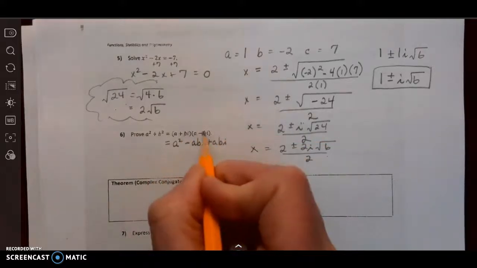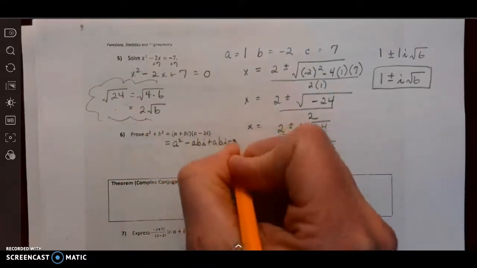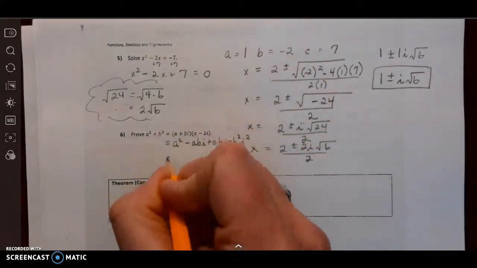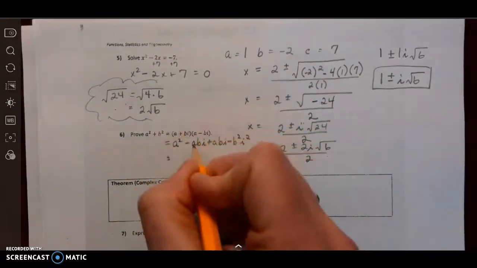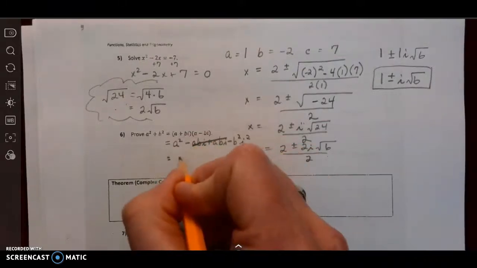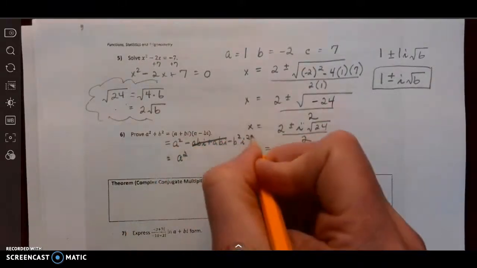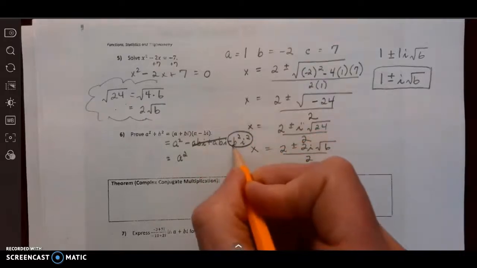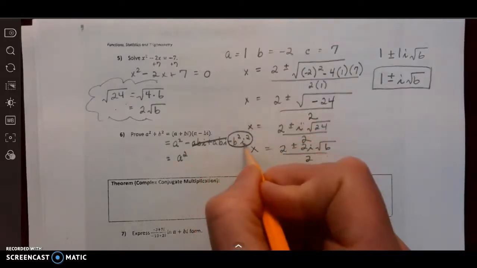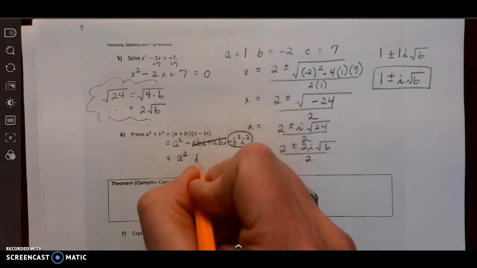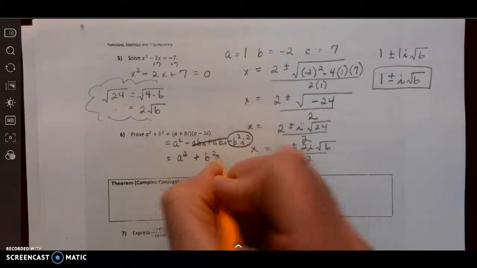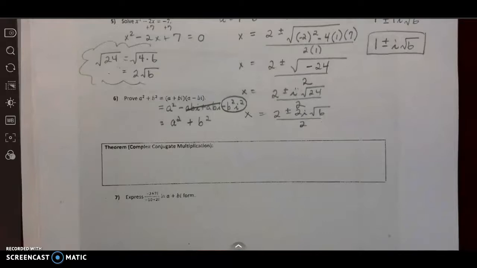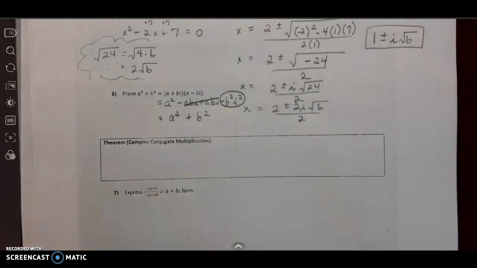And positive bi times negative bi is negative b squared i squared. All right, the abi's cancel, and I'm left with a squared. And remember, i squared is negative 1, so negative b squared times negative 1 becomes positive b squared, which gives me my theorem about complex conjugates.